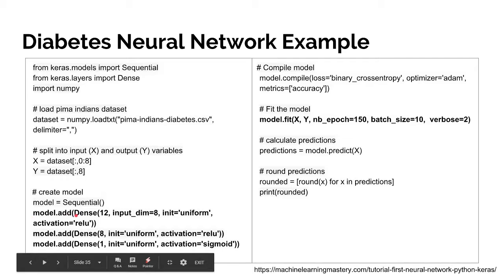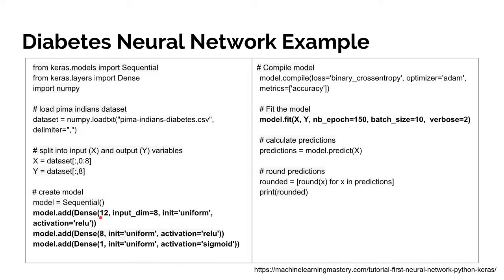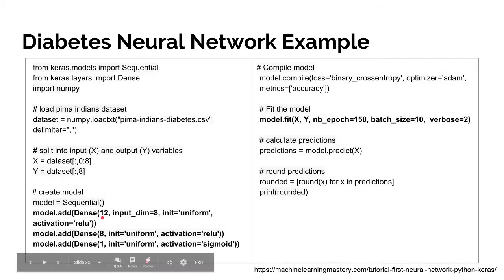Here we're adding a dense layer, which means that basically everything is connected to everything. So every hidden node, for example, will be influenced by every node in the previous layer. So that's what dense means.